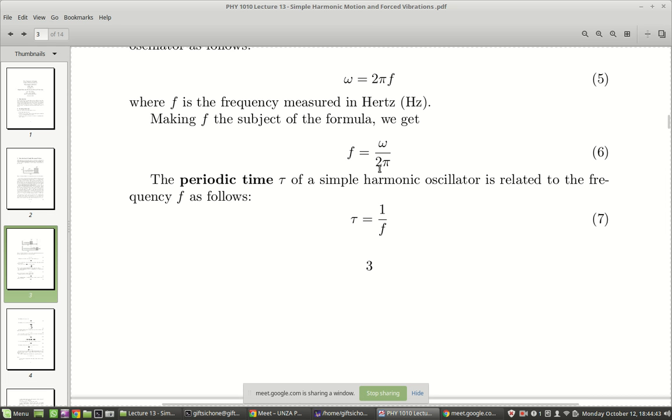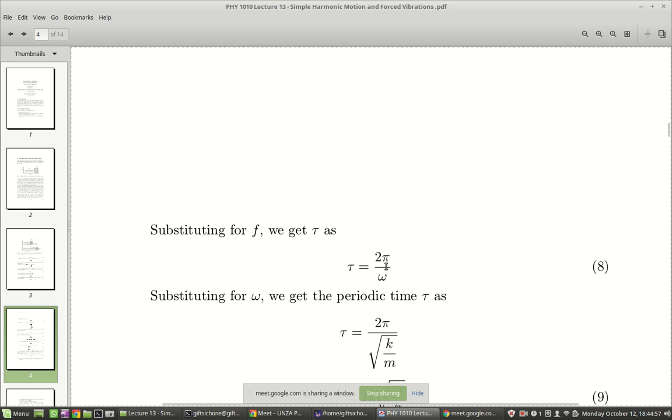However, from the top here, we know that omega is equal to the square root of k over m. So if we substitute omega there, we end up having tau equal to 2 pi over the square root of k over m, which gives us tau equal to 2 pi, the m comes on top, square root of m over k, like this.